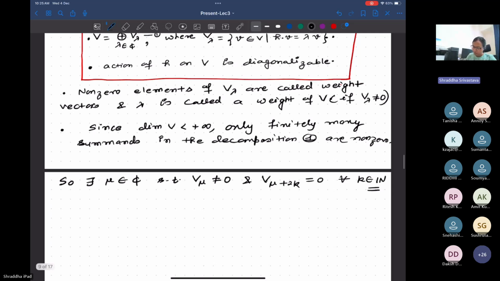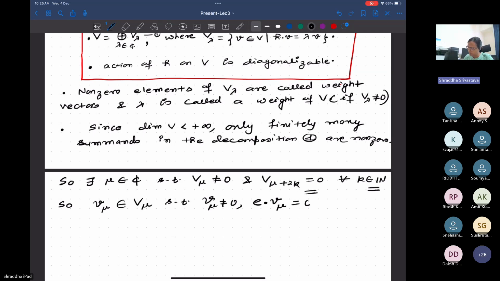So there exists a non-zero vector, which I'm going to write v sub mu, in the vector space V mu. But when you apply E to that, E sends V mu to V mu plus 2, which is 0 because of this. So this must be 0.